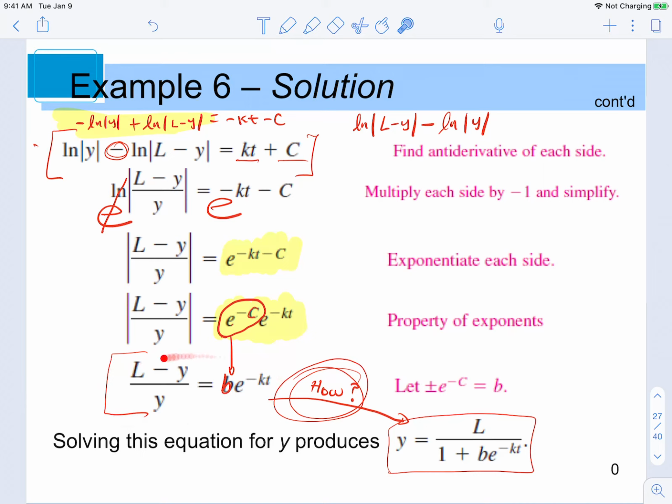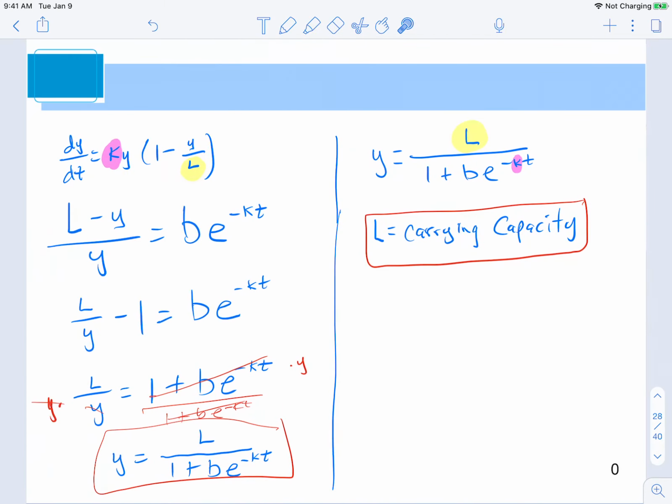I go from here to here. So how did that happen? Well, it happened like this. I am going to rewrite this. These are two fractions with a common denominator that are being subtracted. L over y minus y over y. Y over y is 1.